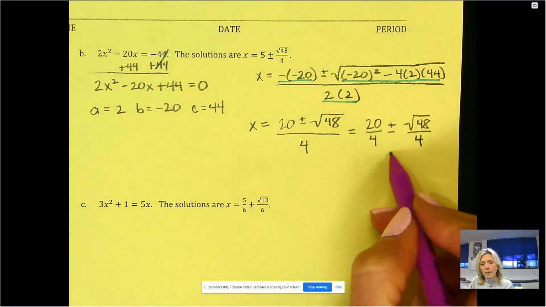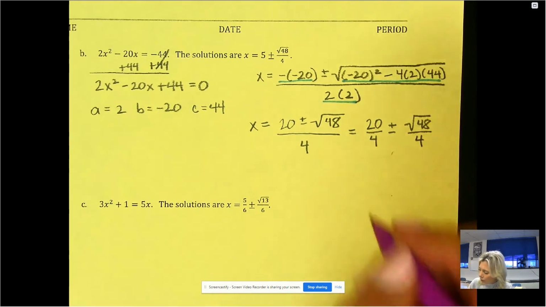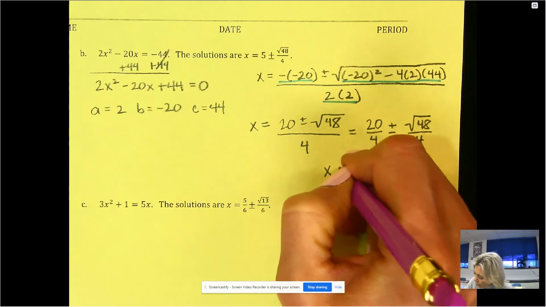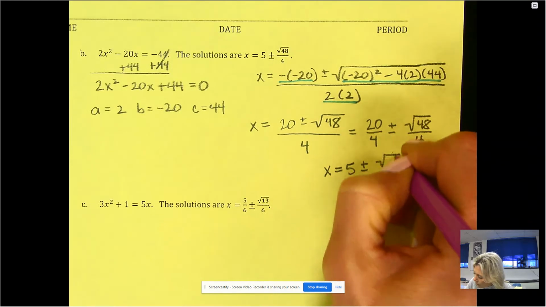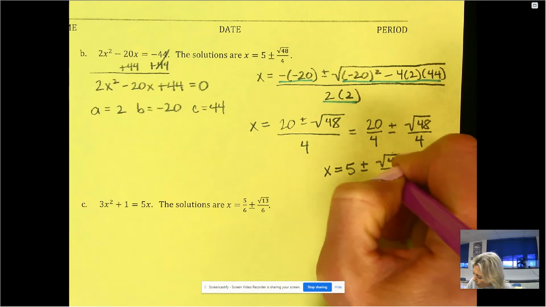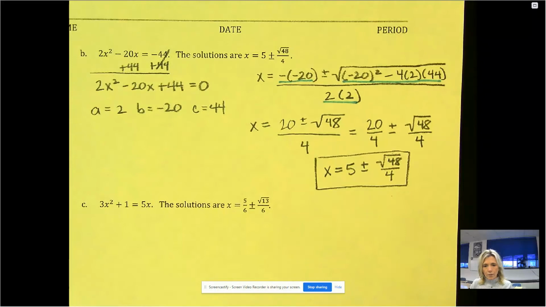The only part of this that can be simplified further is the 20 divided by 4, which is 5. So x equals 5 plus or minus the square root of 48 divided by 4. That's the answer.